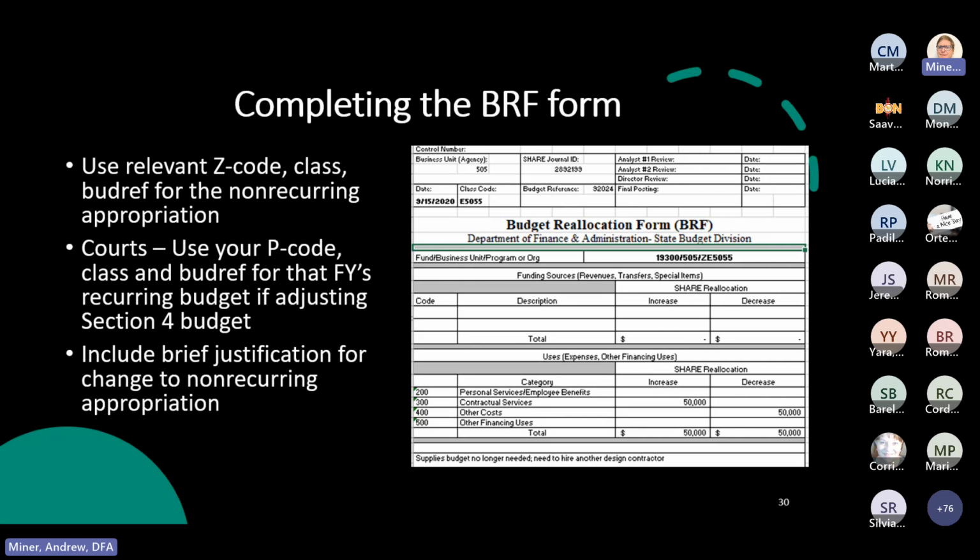And then down at the bottom, there's a box for you to put a brief justification for a change to a non-recurring appropriation. Doesn't have to be anything too fancy or verbose, just a sentence or two about what you're doing. Okay. So again, those are BRFs. Those are pretty simple usually.